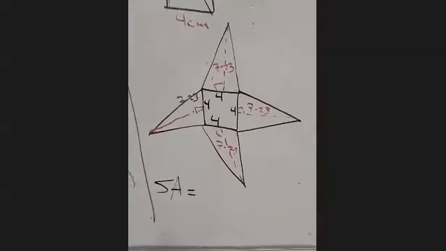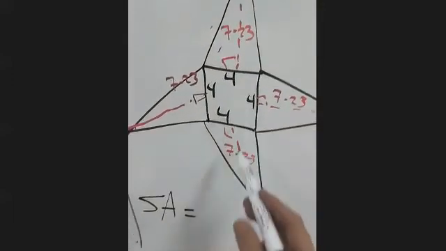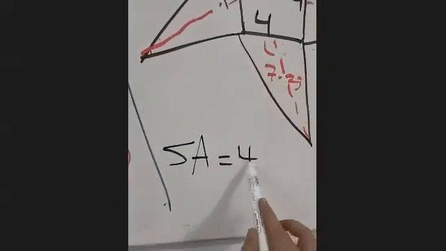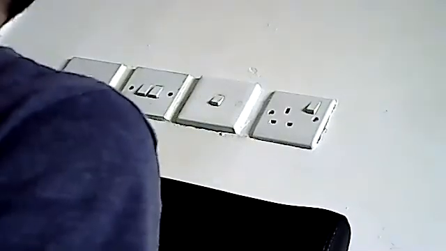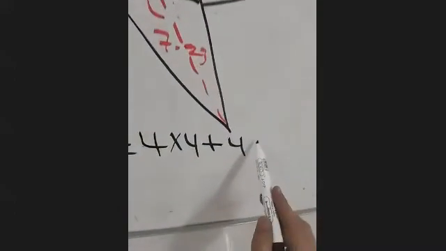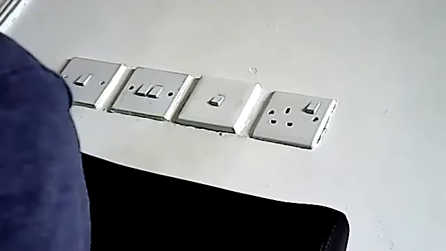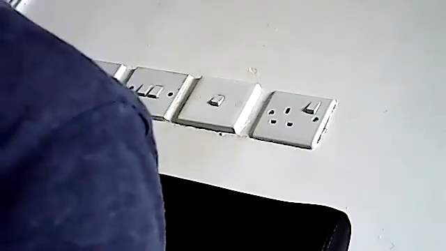So to find the surface area, we will find the area of this square first, in the middle. So it is 4 by 4. Plus 4 by, because we have 4 triangles, multiply half, half 4 by 7.23.